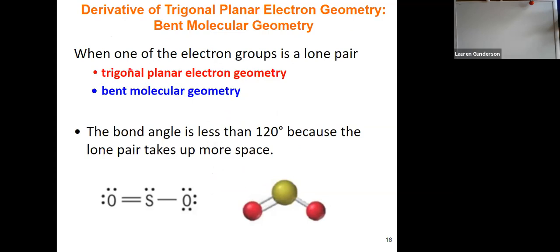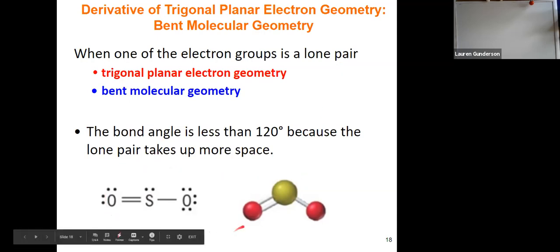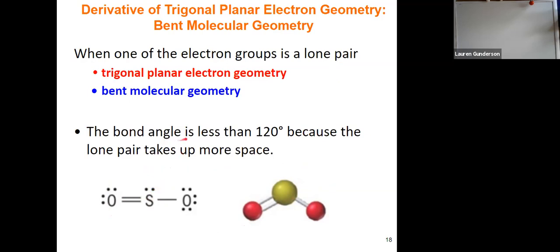We're going to replace one of the electron groups with a lone pair, and this is what it looks like now. So you have the central atom. It still has 1, 2, 3 groups around it, but now it only has 2 bonding and 1 lone pair. So now the bond angle is going to be less than 120 degrees.